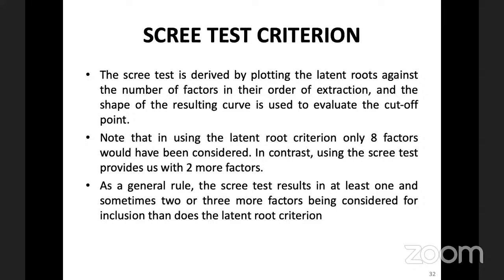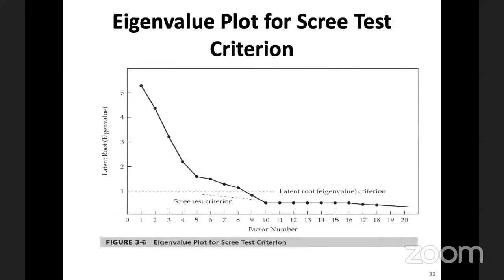Then we have the scree plot criterion. On the basis of the scree plot, you can decide how many variables you can keep. For example, this is a scree plot, and wherever there is an elbow of the scree plot, up to that many variables are normally taken if you are going by the scree plot method.